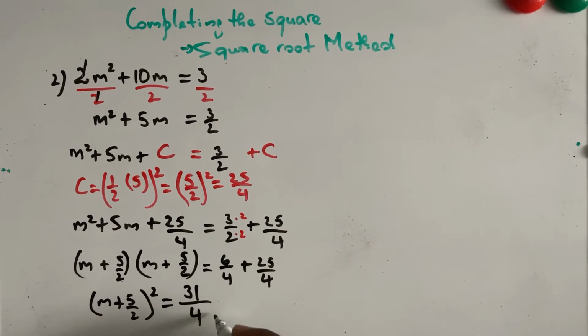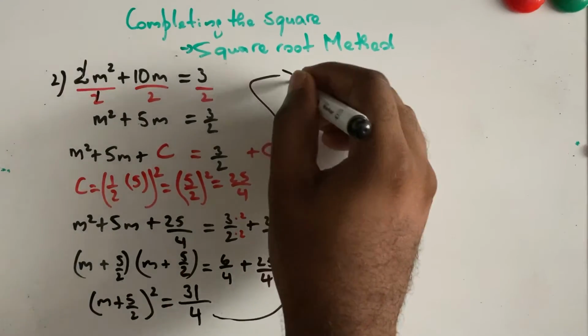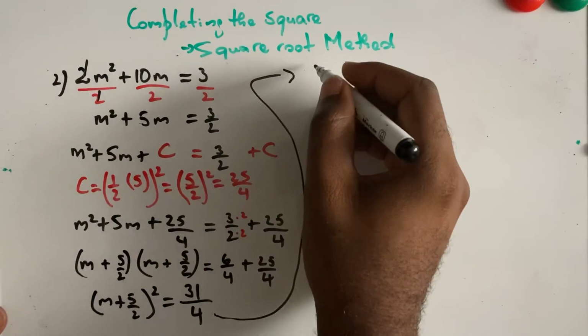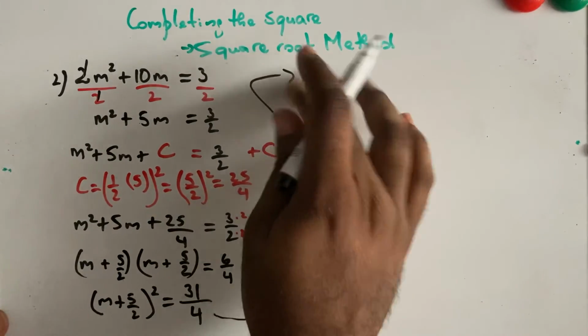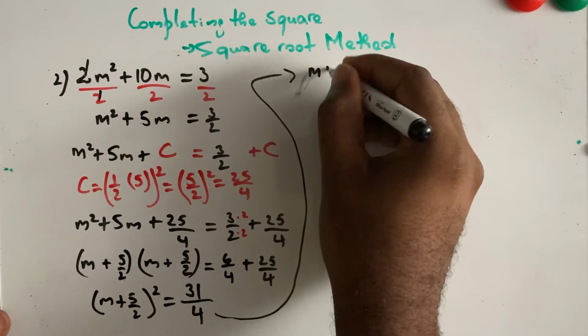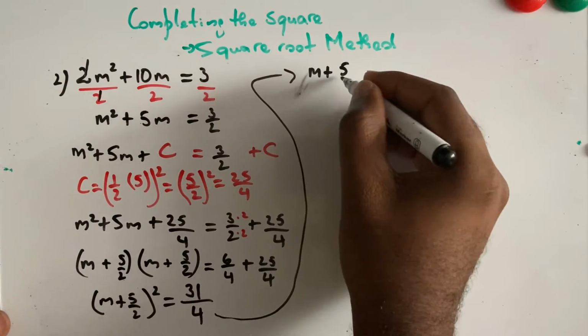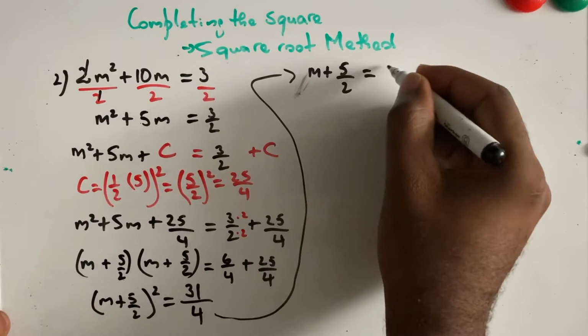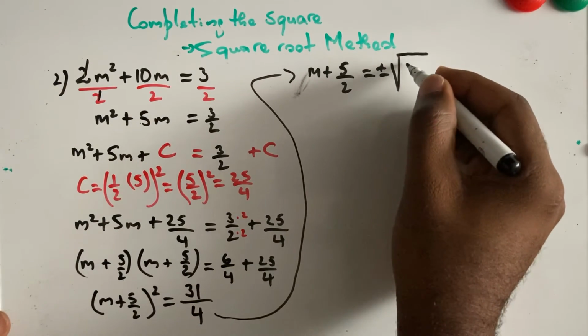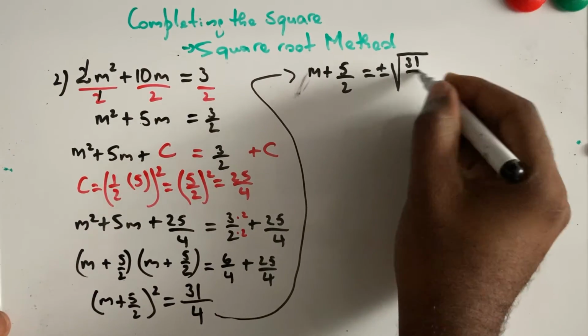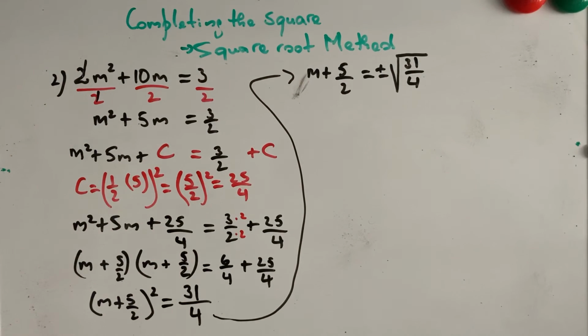Now, according to the square root method, okay, the square root method says if this is true, therefore m plus 5 over 2 should be plus or minus the square root of 31 over 4, okay? Plus or minus the square root of 31 over 4.